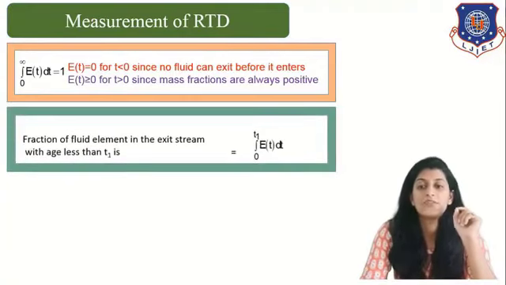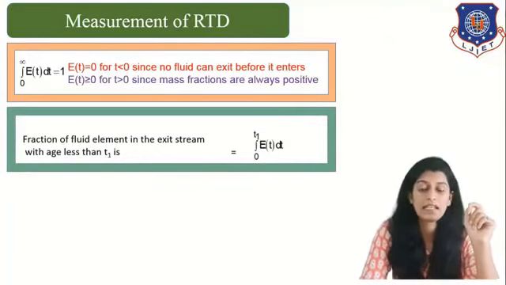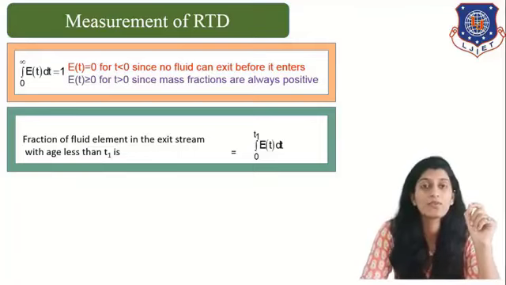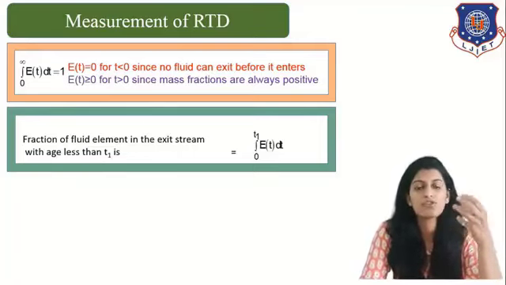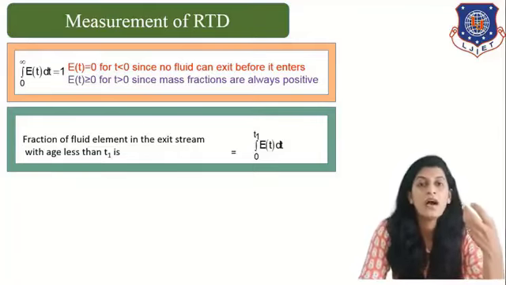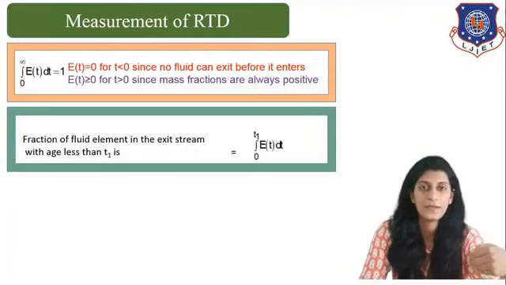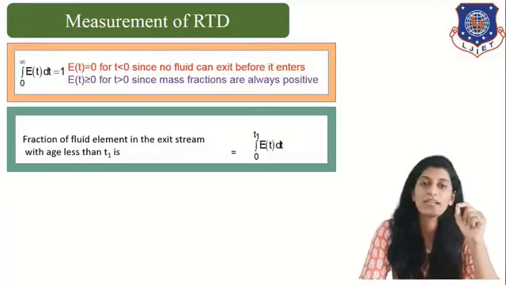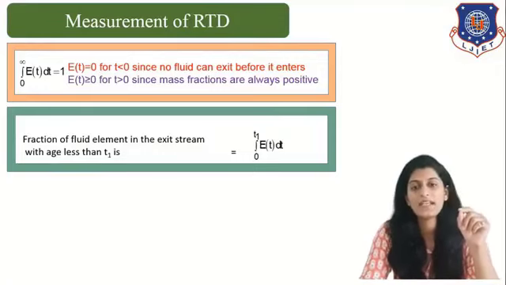Next is the fraction of fluid elements in the exit stream with age less than t1. Suppose we need to determine the amount of tracer coming out of the system before 5 minutes. I just need to integrate from 0 to 5 of E(t) dt.